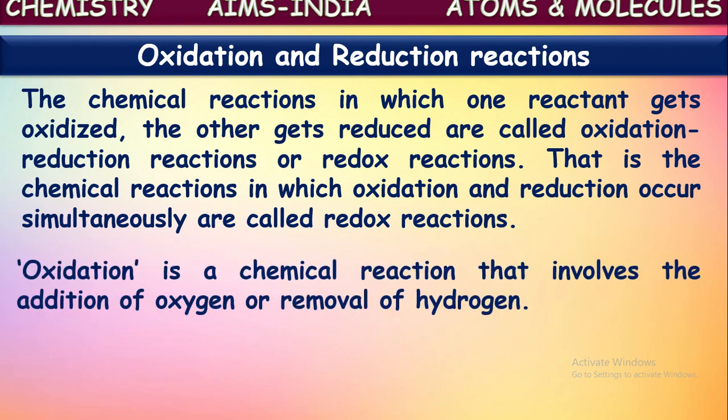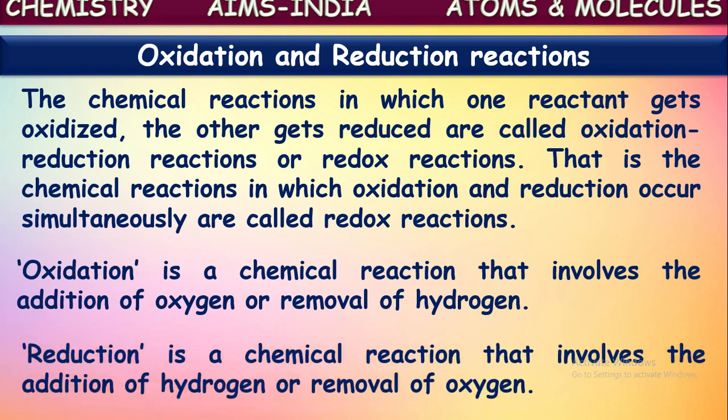Oxidation is a chemical reaction that involves the addition of oxygen or removal of hydrogen to a chemical substance. The chemical reaction in which a chemical substance gains oxygen or loses hydrogen is called an oxidation reaction.